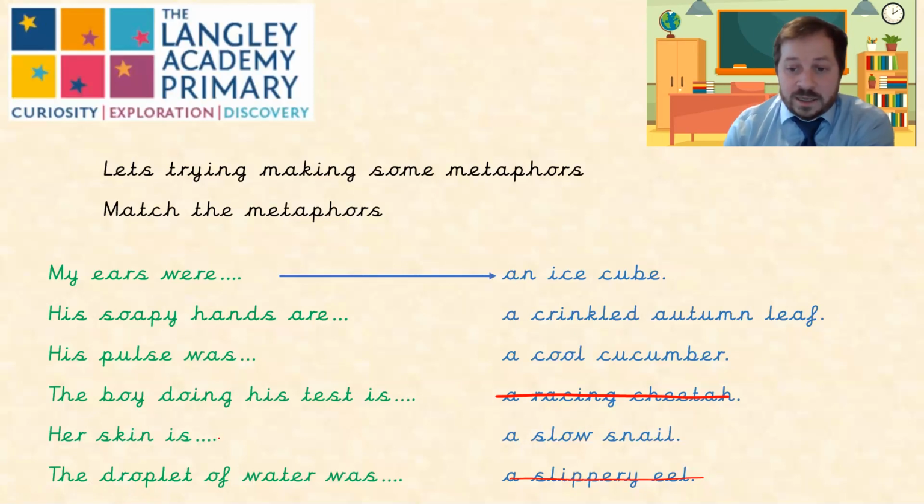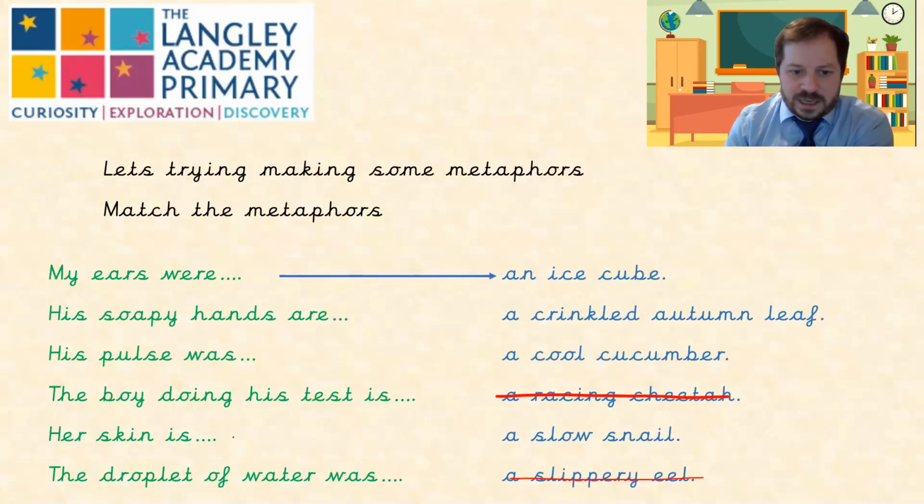Her skin is a crinkly autumn leaf. Could be. Think about that layer and it being all crinkly. We're talking about an old lady maybe, and her skin being all crinkled and even having those little lines in it. That could be a very good image. A cool cucumber doesn't really work, and a slow snail, her skin relating to the speed of a snail, doesn't work.